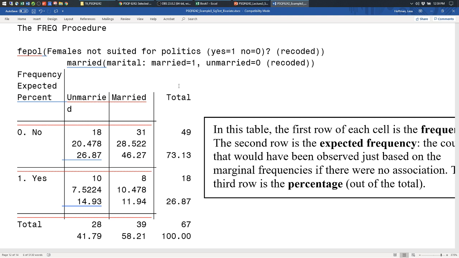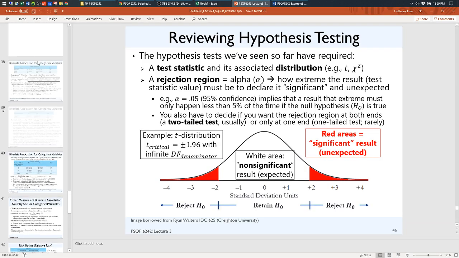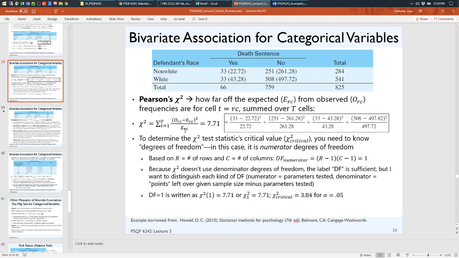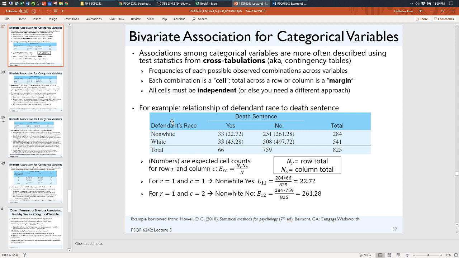So the expected number of people from each cell, if there were no association, is given in your handouts. Let me go back to get that so you can see where it's coming from. The expected cell count is the number in the row times the number in the column divided by the total.